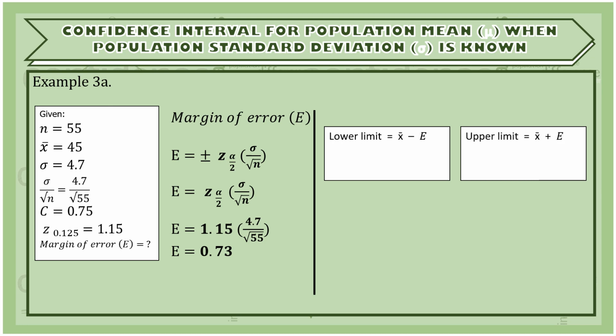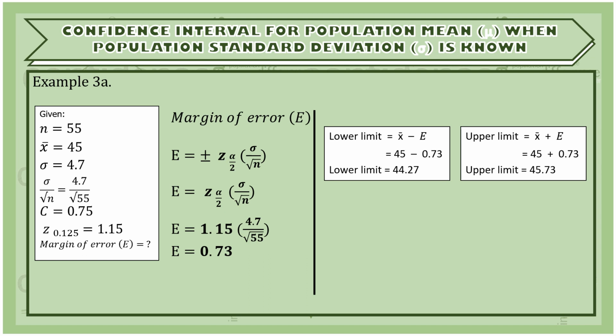Lower limit is difference between sample mean and margin of error. Therefore, our lower limit is 44.27. Then upper limit is the sum of sample mean and margin of error. Therefore, our upper limit is 45.73.